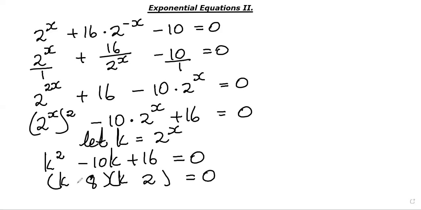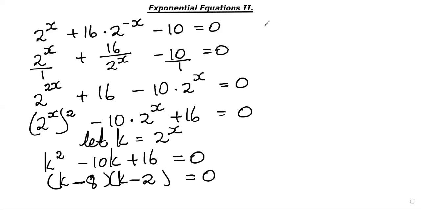So the bigger number takes the sign of the middle term, but since the last term is positive and they have to add up to negative 10, it means 2 has to be negative as well. So negative 8 minus 2, it's negative 10. And negative 8 times negative 2, it's positive 16.